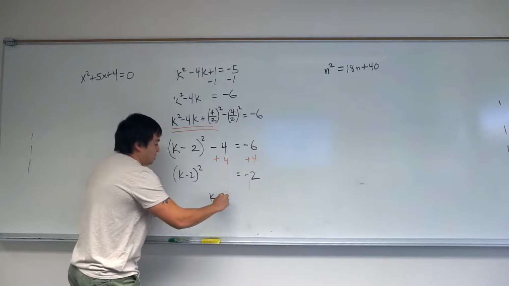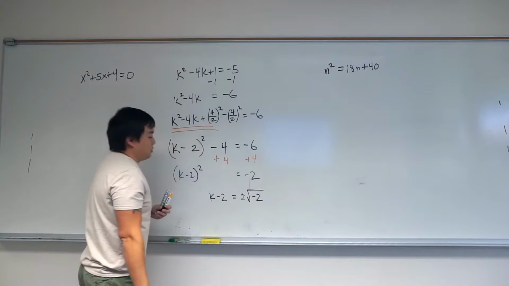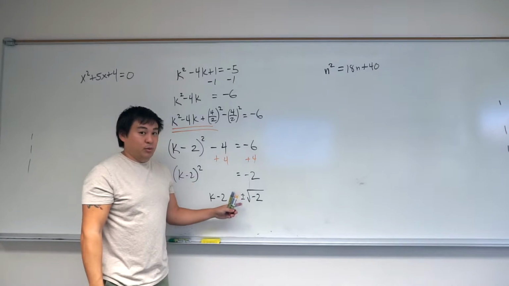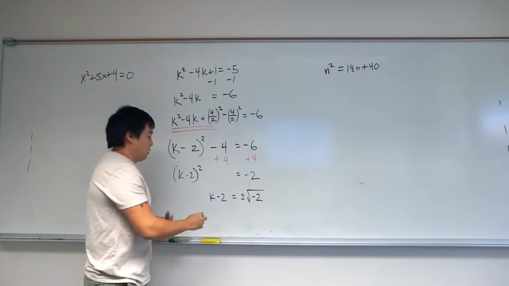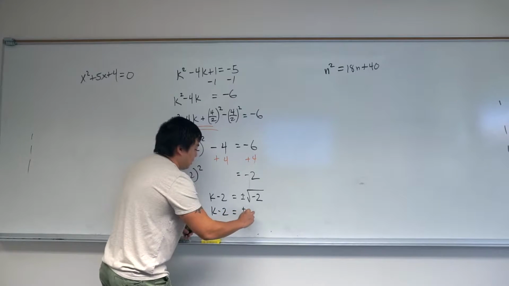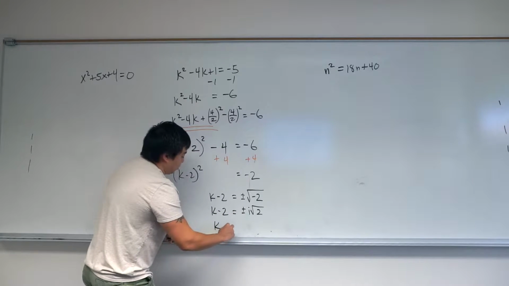So k minus 2 is equal to plus or minus the square root of minus 2. Don't forget, if there's a negative sign on the inside of the square root, we can pull it out as an i. So this is k minus 2 is equal to plus or minus i square root of 2. And then bring the 2 over as plus 2.